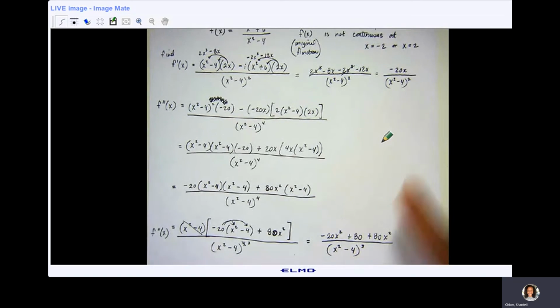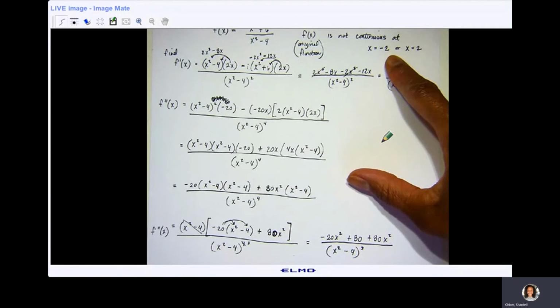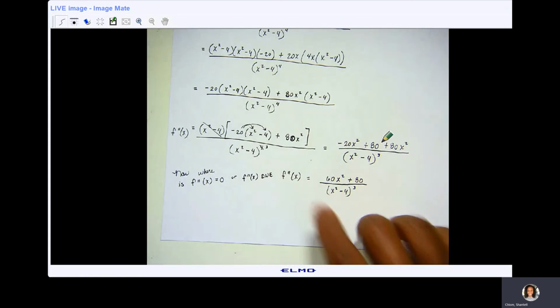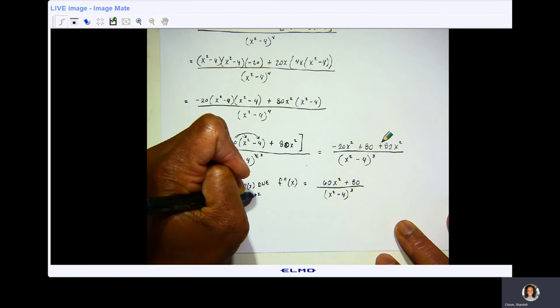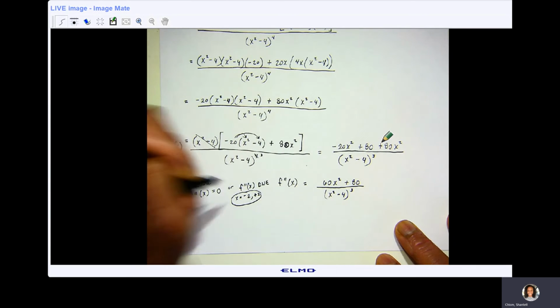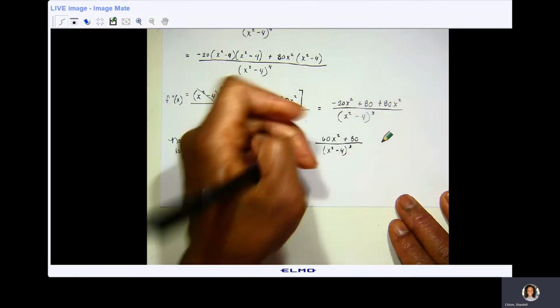And we already knew to make sure we include those values because the original function f doesn't exist at those numbers either. So we're definitely using -2 and +2, okay? That's when it doesn't exist. Now, where is it equal to 0 is the question.